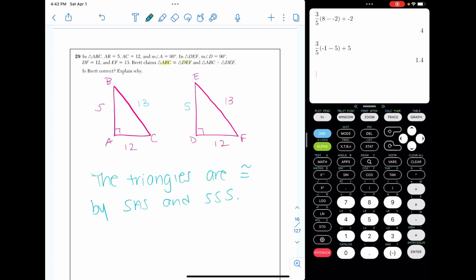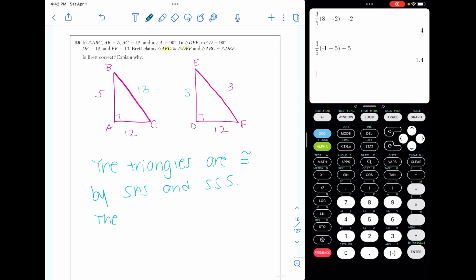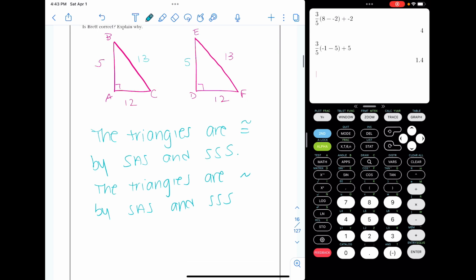Now, to figure out if the triangles are similar to one another, basically what that means is we need the sides to be proportional. And I can see that that is true here. So the triangles are similar. We could actually give the same 2 reasons, side angle side and side side side. So Brett is correct.